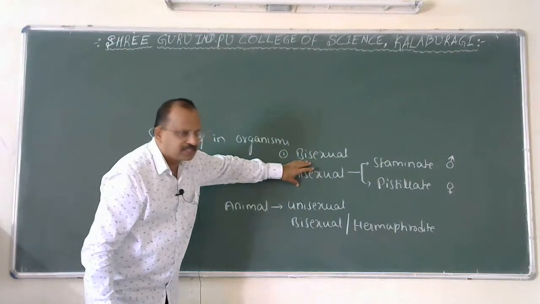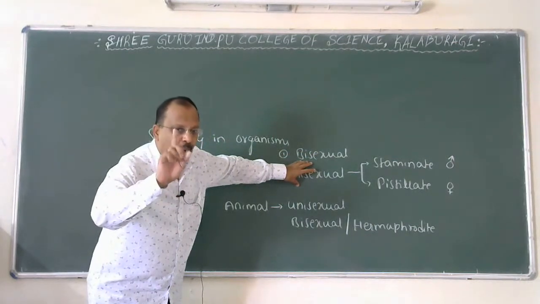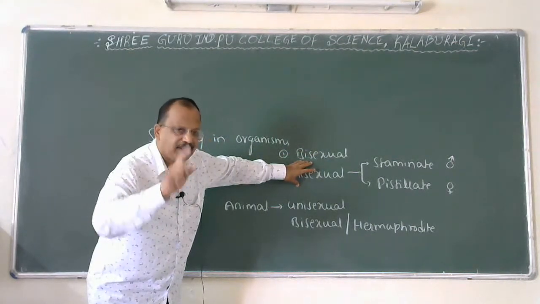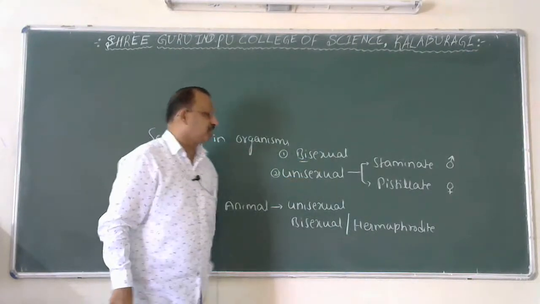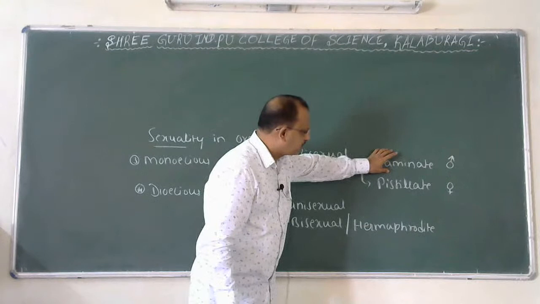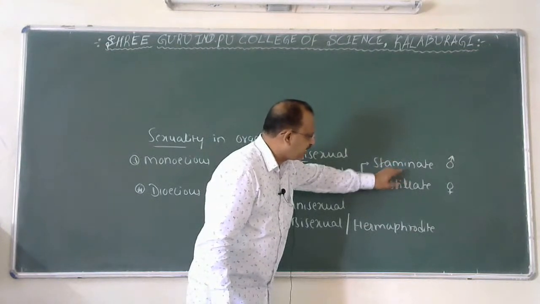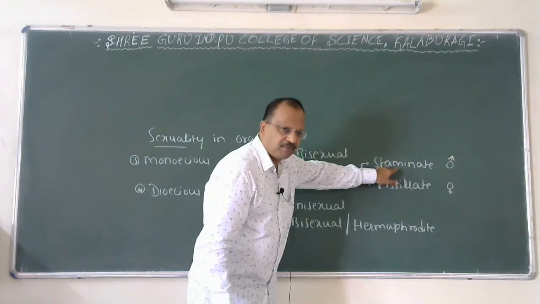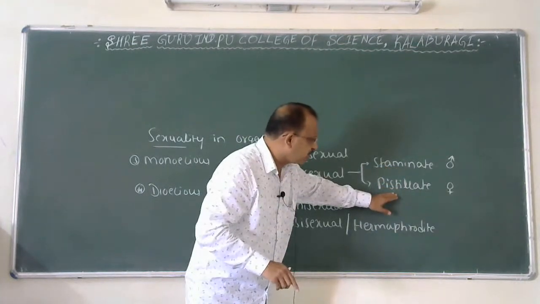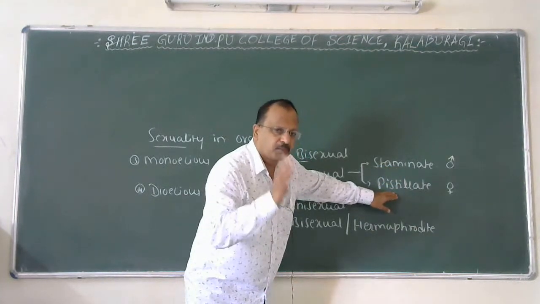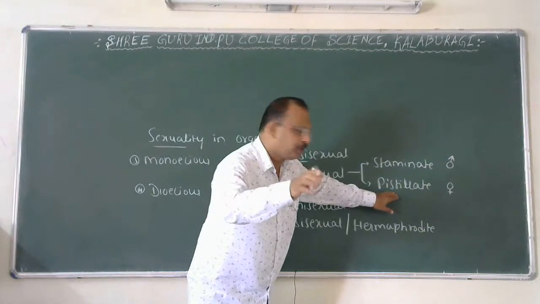When the flower is having only one essential whorl, it is called unisexual. Under that, two types: staminate and pistillate. Staminate means male flower, it possesses only androecium. Pistillate means female flower, it possesses only gynoecium.